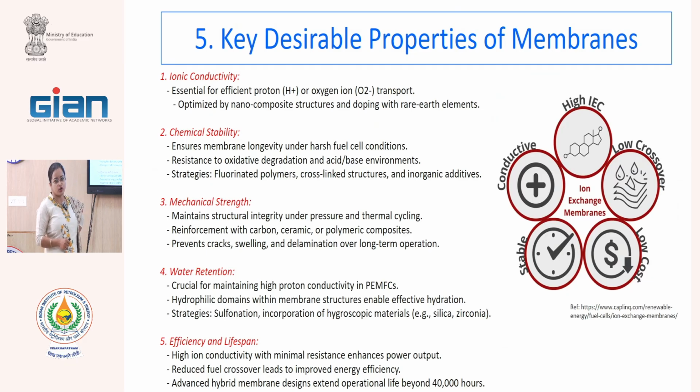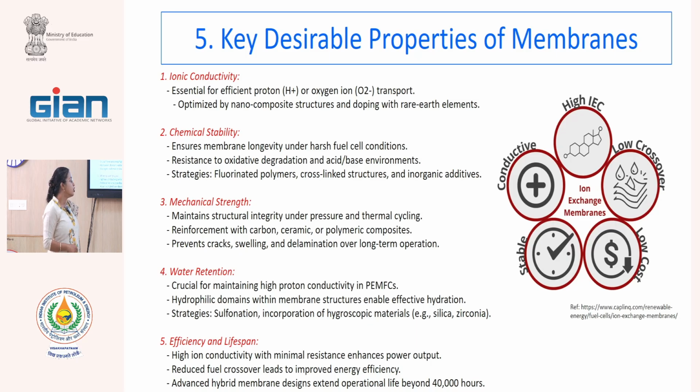You should have low crossover. What is crossover? Crossover is basically the intermixing of anode and cathode gas. You can imagine that our membrane's purpose is to stop this intermixing, so the diffusivity of the gas through this membrane should be much minimized. Low fuel crossover. It should be stable thermally and over time. It should be highly conductive.